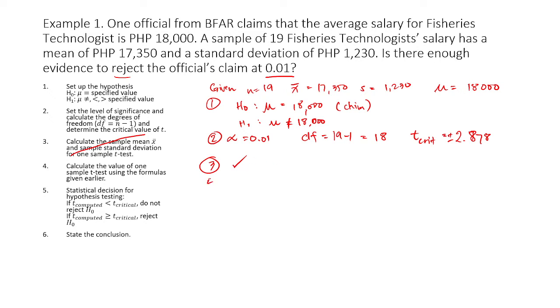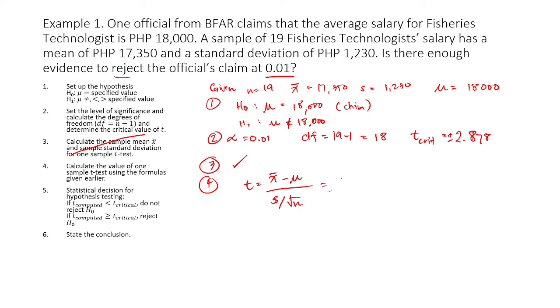So kung tayo sa fourth step, we need to calculate the value of one sample t-test using the formula given earlier. So we have here t is equal to x bar minus mu over s over square root of n. Okay? So, i-pull up lang ulit natin yung calculator natin mamaya pagka-plug in natin.